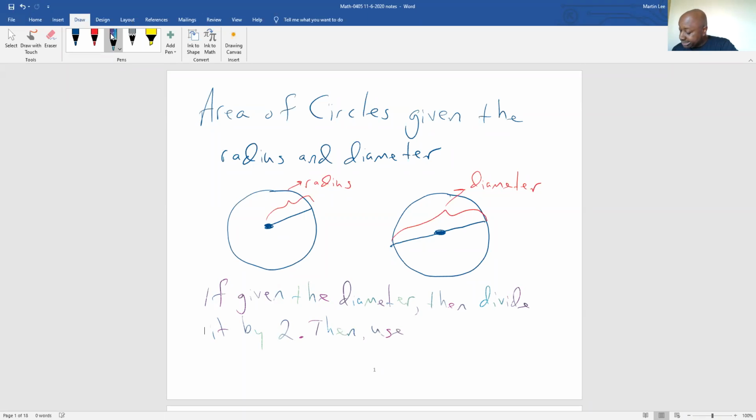Then use the formula for the area of a circle, which is pi times the radius squared.